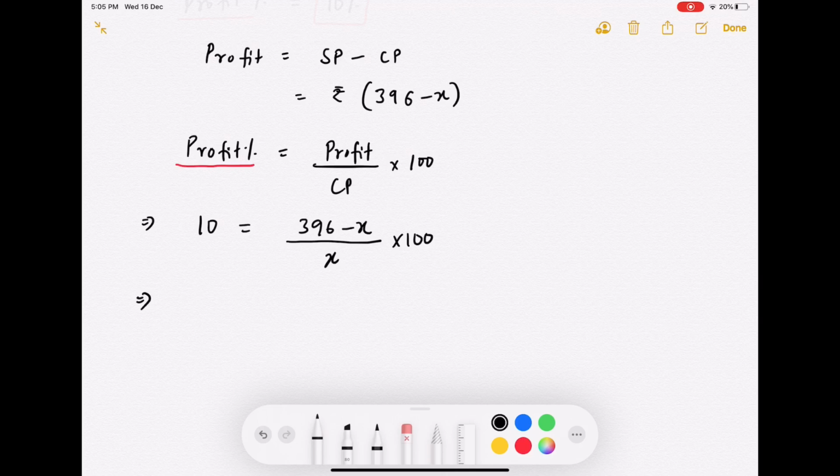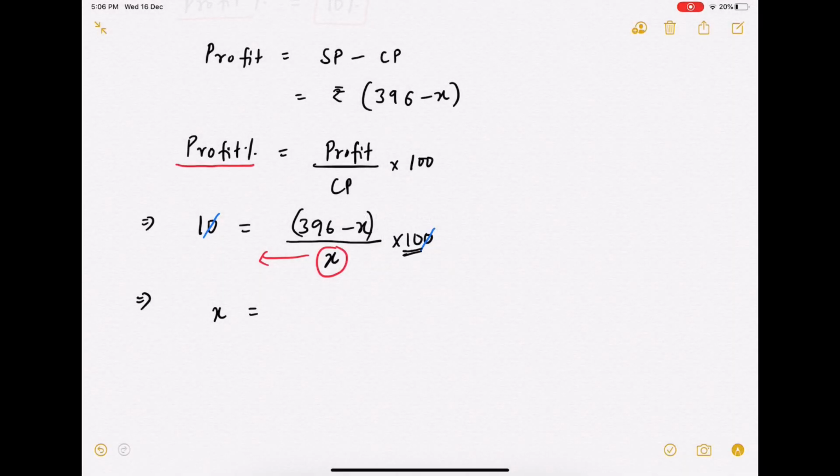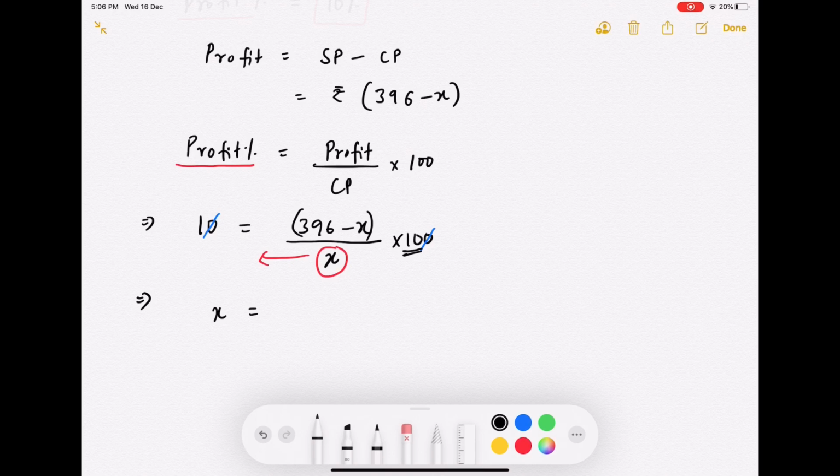So let us try to divide both sides by 10, because I can see we have a 0 here and 0 here. So left hand side is only 1, and then we can move this denominator on the right hand side to the left hand side. This becomes x equal to, and now I have to multiply 10 with 396 minus x.